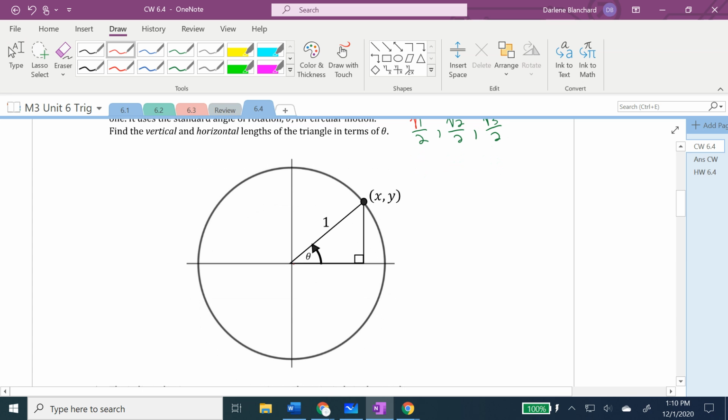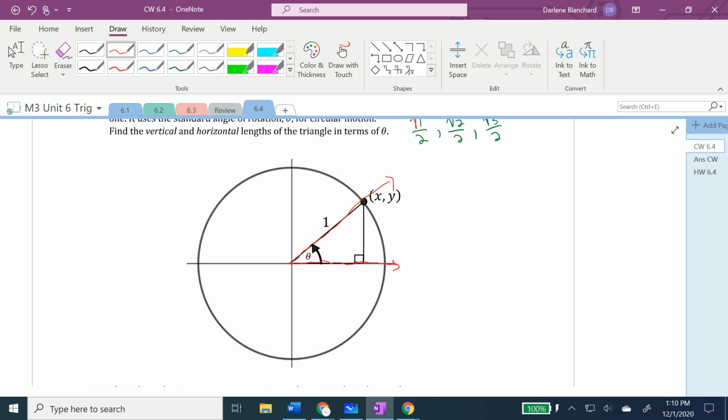We put one of the legs on the initial side, which is 0, and we make the hypotenuse be the terminal side of an angle. So I've got an angle that is moving with a positive rotation counterclockwise from 0.